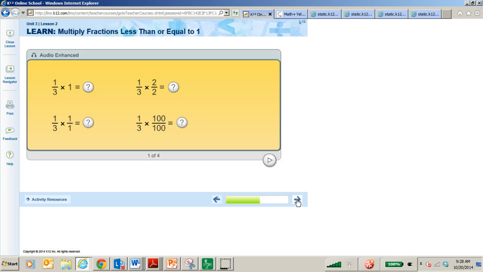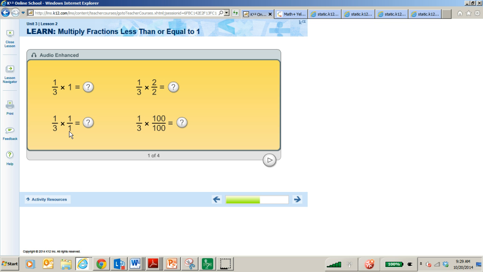So what this is showing us is it says multiply fractions less than or equal to 1. Now right here we have 1/3 times 1, which means that this is the identity property. We have 1/3 one time. It's not going to change. It's still going to be 1/3. But we also want students to understand that 1/1 is also a representation of 1, because the numerator and the denominator are the same.